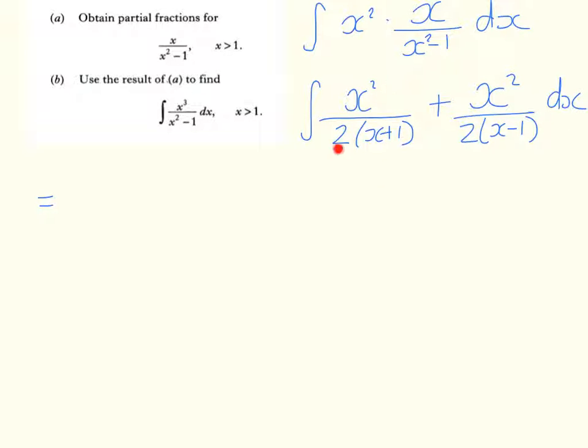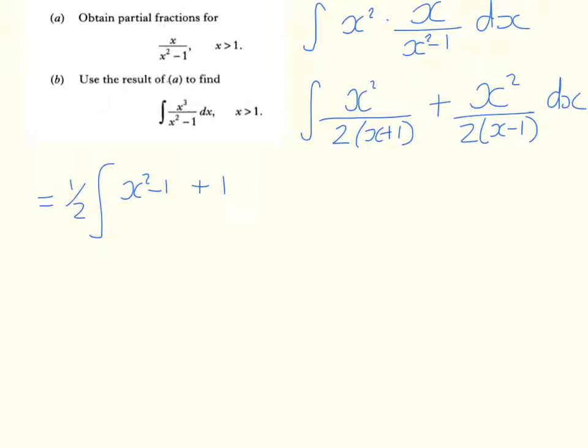Now these are not in a form that I can integrate at the moment, so I need to do a bit of work. I'm going to take out the factor of a half, just to clear things up slightly. And I've got x squared over x plus 1. I want to try and get rid of the x squared because I don't mind having an x under here, I can use an ln function. But I can't have a quotient. So I'm going to express, in this case, x squared as x squared minus 1 plus 1.